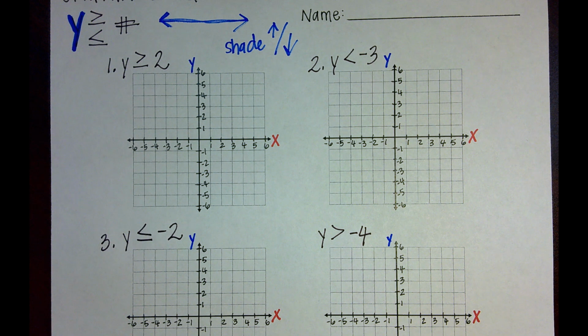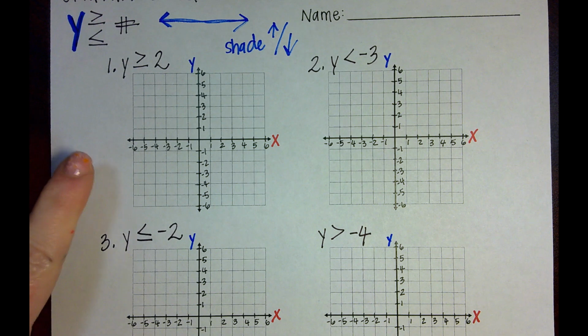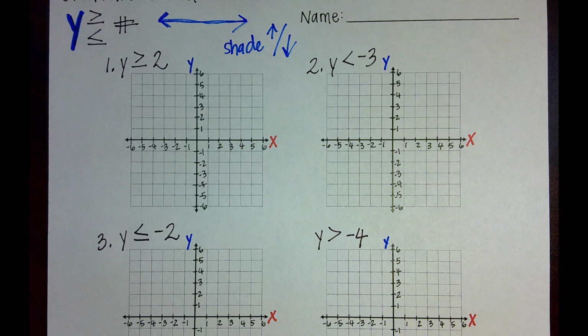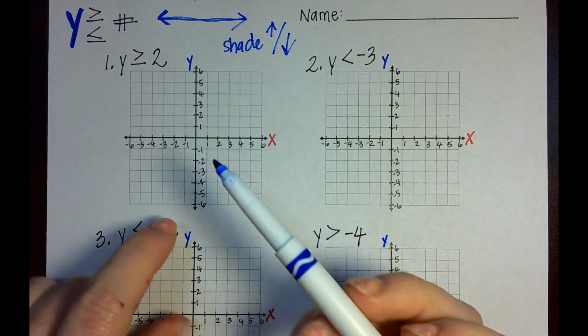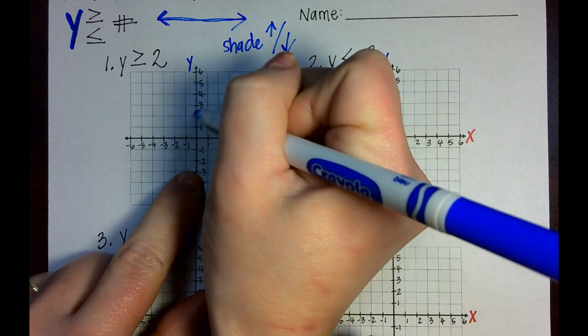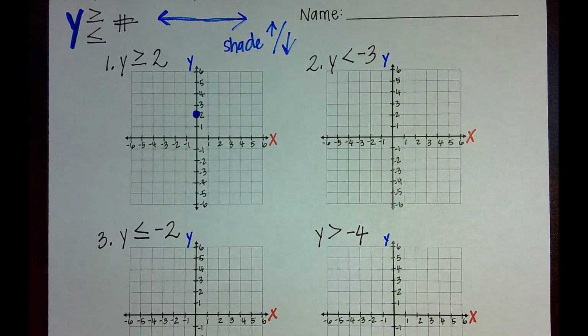So let's look at number 1 together. I've got y is greater than or equal to 2. So I'm only given a value for y. So where should I put my first point? On 2. On the x-axis or the y-axis? Y-axis. Good. So I'm going to go to 2 on the y-axis.